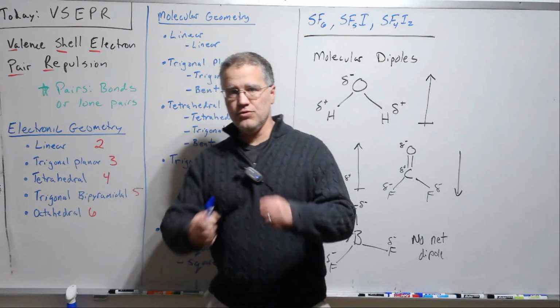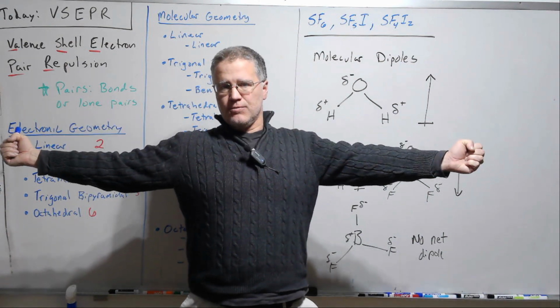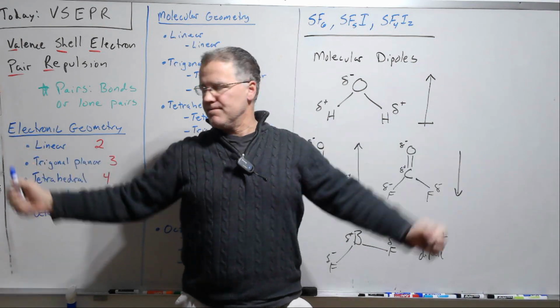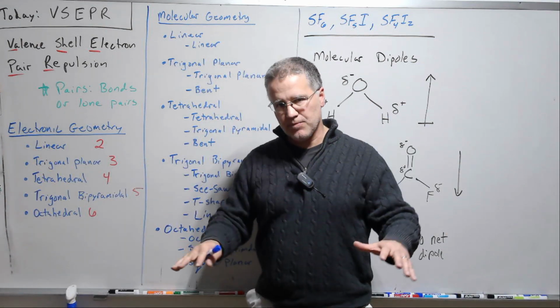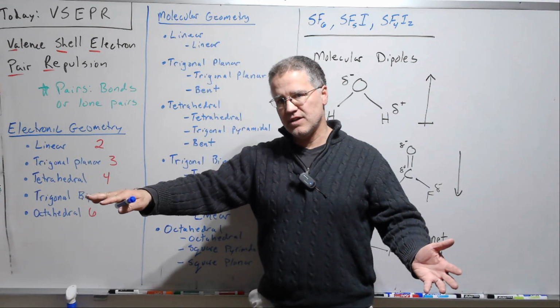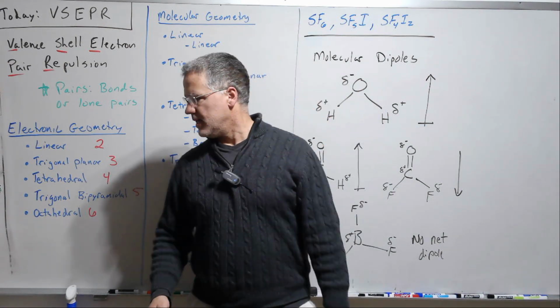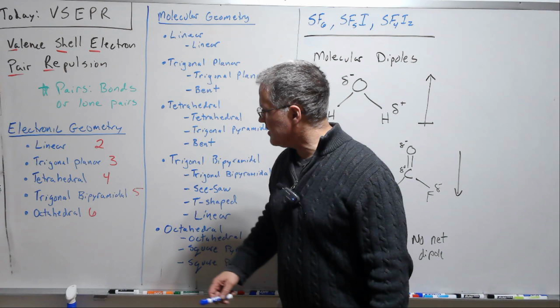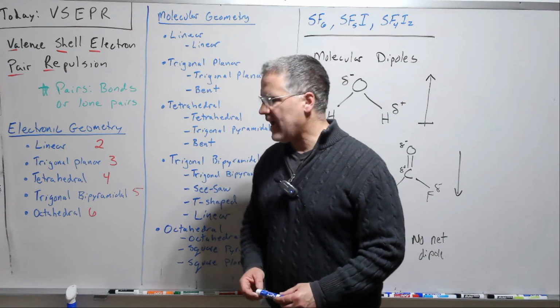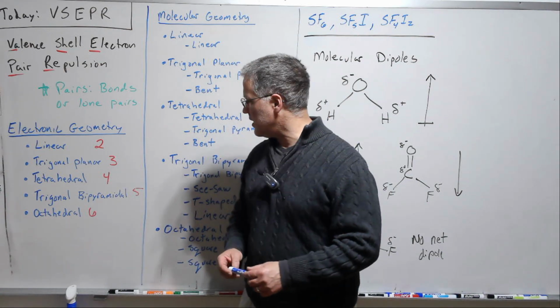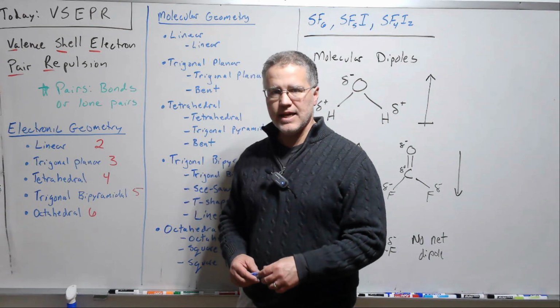So if we have 2, then to get as far apart as possible, we have to be linear. 3 will remain in the plane and be trigonal planar. 4 is the first time we come up out of the plane and are tetrahedral. And then 5 creates a trigonal bipyramidal shape, and 6 is octahedral.